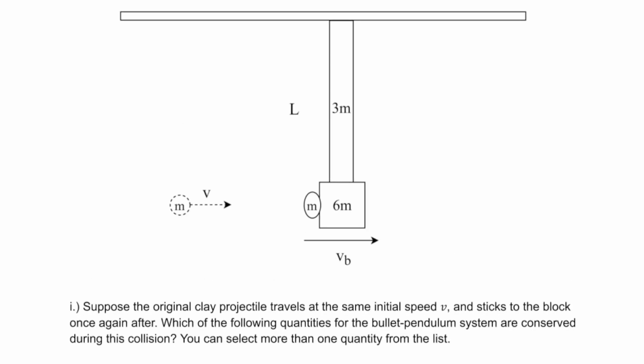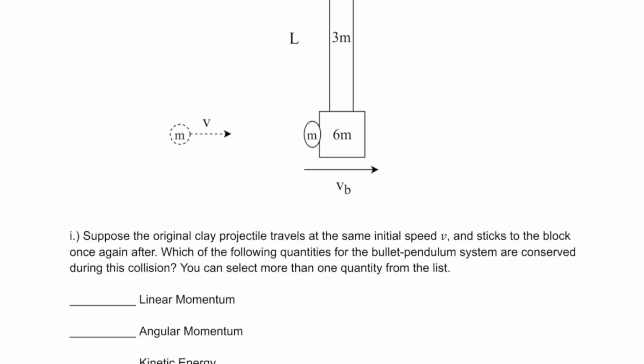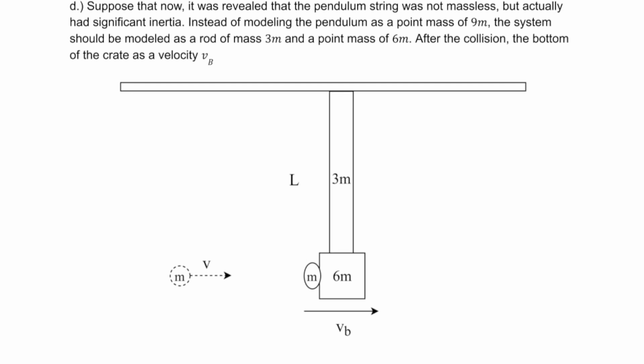So, the issue here with linear momentum is that there is a force coming from this hinge. We don't know exactly what it is, but there's probably some force acting in some direction, causing this whole system to move. And it's at this contact point. Again, that didn't exist before because we had a massless string.